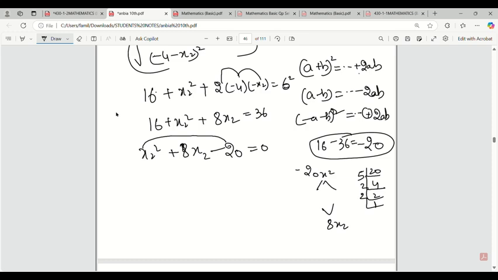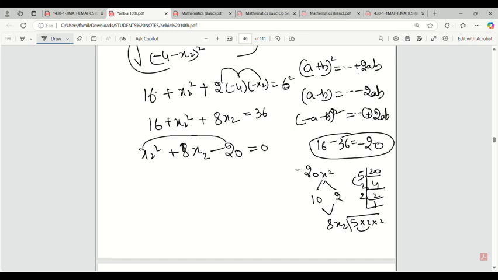Everything correct we are doing here? Yes, it is. The prime factors are 5 into 2 into 2, right? So the numbers can be 10 and 2. What is the middle term? Middle term is positive, right?